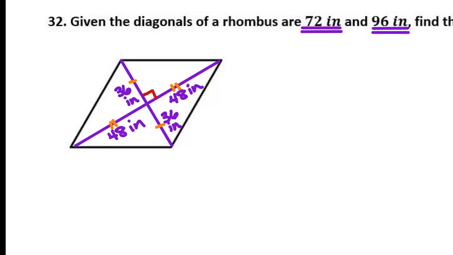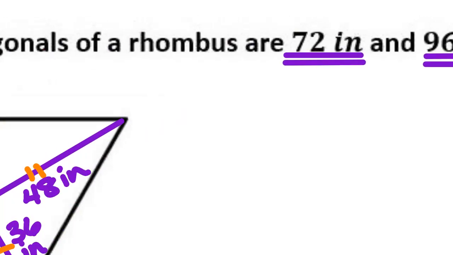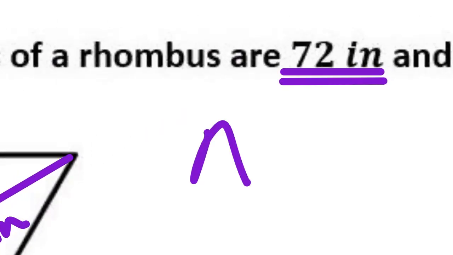All right, we need to find the perimeter and the area. Let's find the area first. Does anybody have the area formula for a rhombus written down? Yes. Close. It's not diameter, it's diagonal. But yes, other than that, you're 100% correct. Thank you.